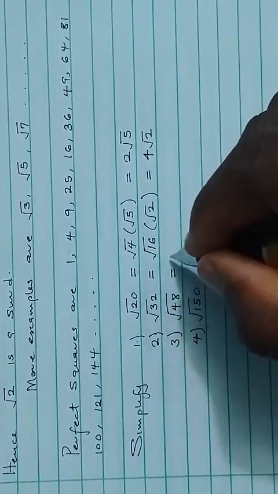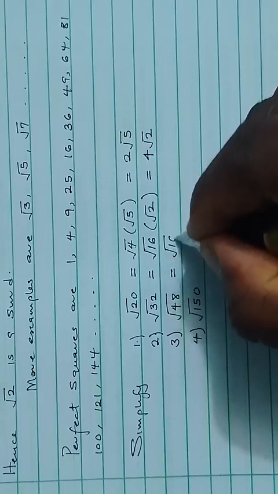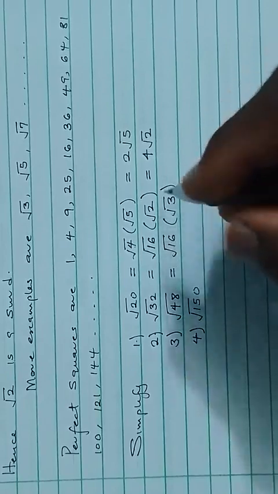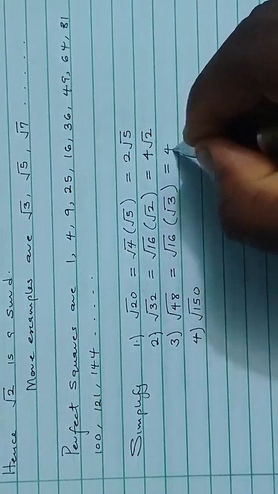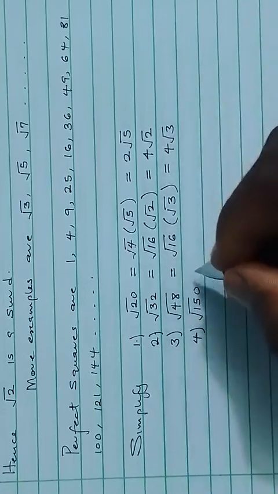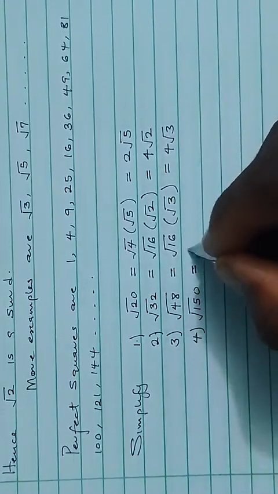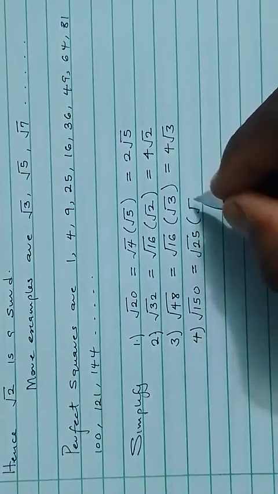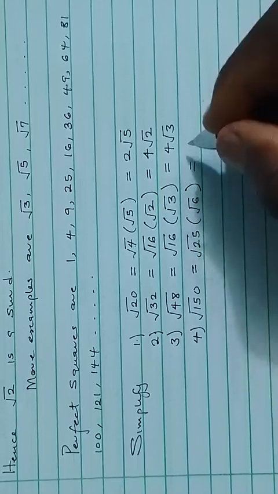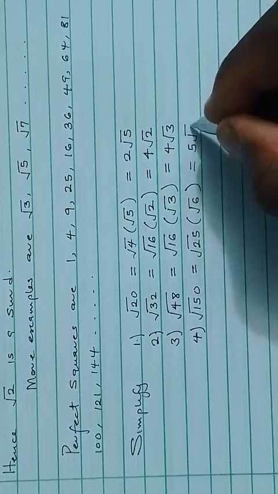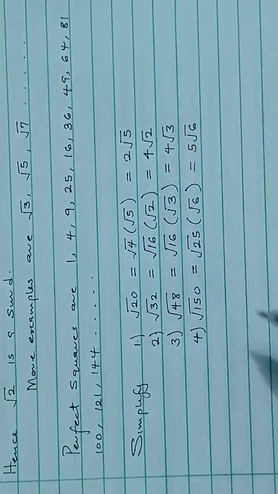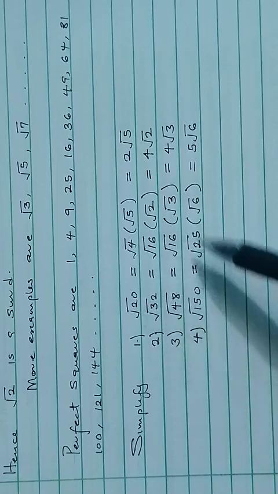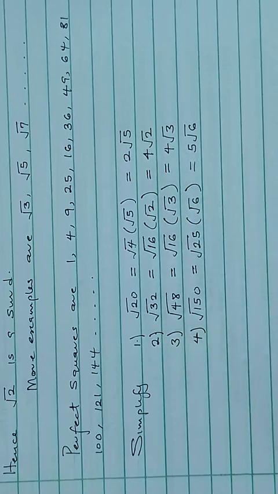For root 48, 16 can also go as a perfect square to be root 16 multiplied by root 3, and this is 4 root 3. For root 150, we use root 25 multiplied by root 6, and this is 5 root 6. You can see that the use of perfect squares will enable us to simplify a surd.